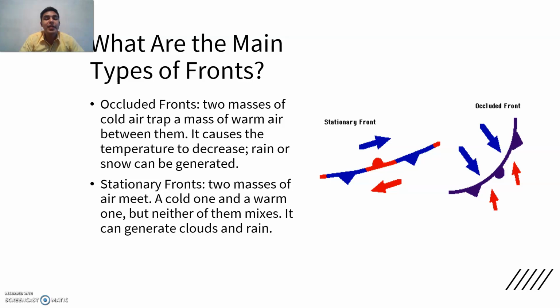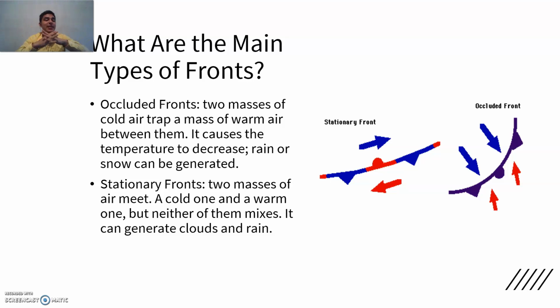And lastly, let's go with the stationary fronts. Two masses of air meet, a cold one and a warm one, but neither of them mixes, and they can generate clouds and rain. So in this case, the fronts are not going to mix among each other. We are going to have one part of cold air and one part of hot air.